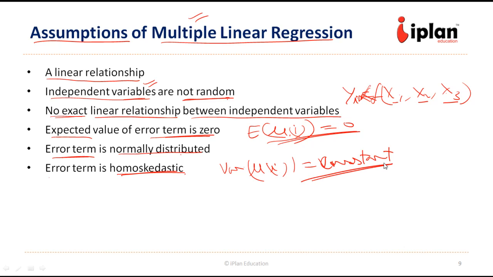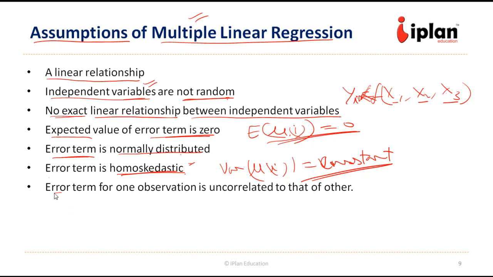It should not change with the independent variables. It should be constant. So the error term is going to be homoscedastic. The error term for one observation should not be correlated to the error term of another observation. So we can say error should not be autocorrelated.